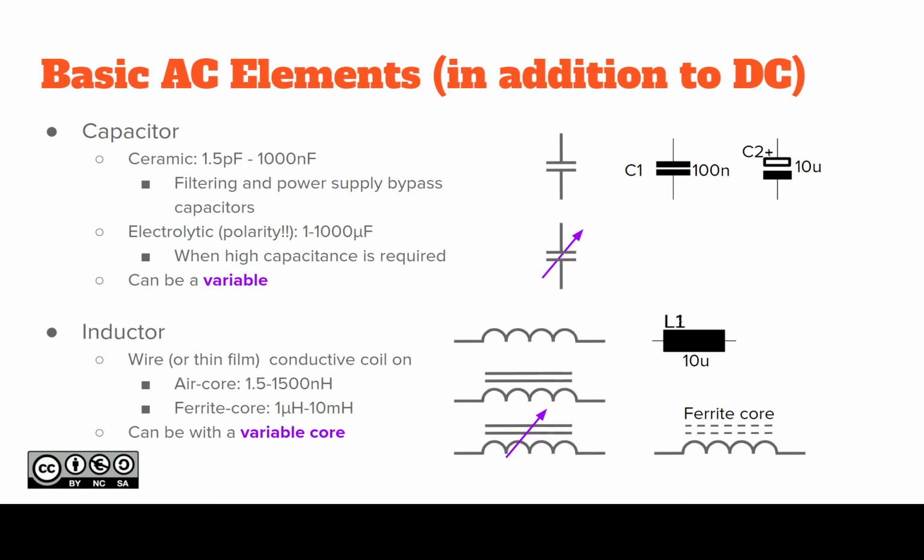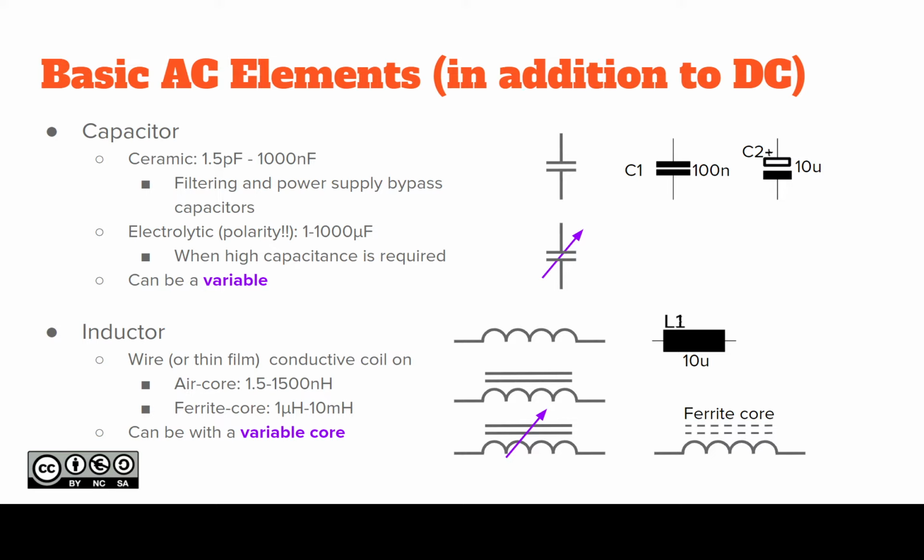Okay, and again, basic elements in AC, in addition to resistors, voltage and current sources, and the connectors, that kind of things, we have capacitors. Different types of capacitors, basically ceramic ones that start from 1.5 picofarads roughly up to 1 microfarad.